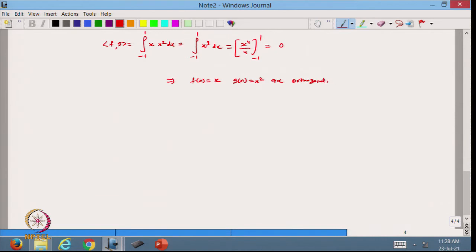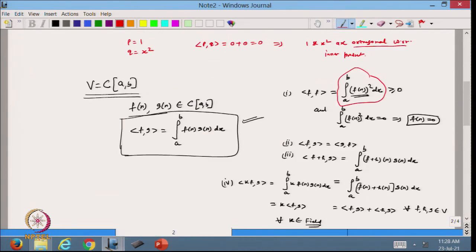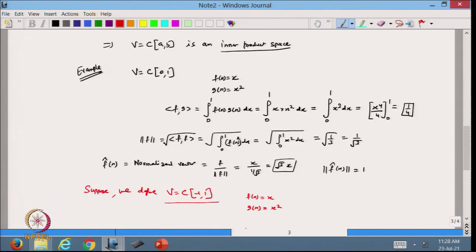So, you can see from here that the same set of vectors we have taken, x and x square, on this interval. In that case, if I take the inner product, that was not equal to 0, it was 1 by 4. So, these vectors or these functions were not orthogonal with respect to this inner product, that is from 0 to 1.